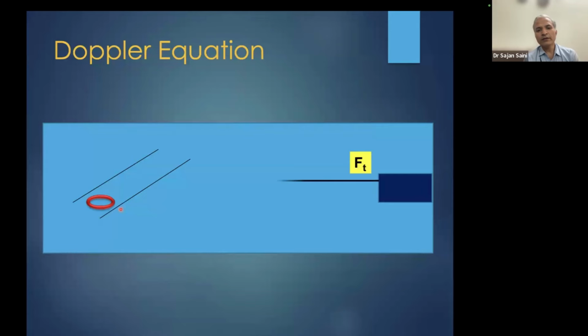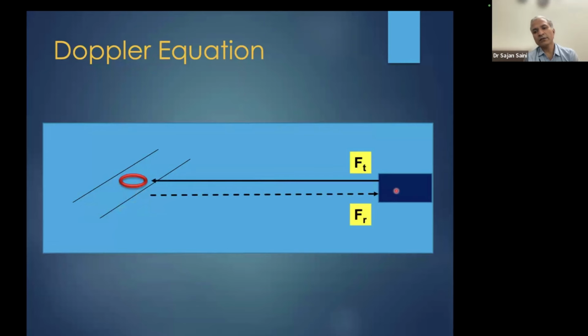So what will happen? If this object is moving in this direction, the received frequency will be different from the transmitted frequency, but the motion was not in line with this transmitted beam.